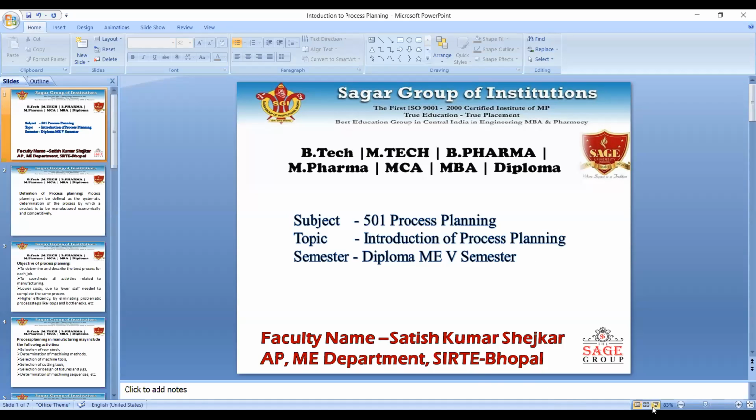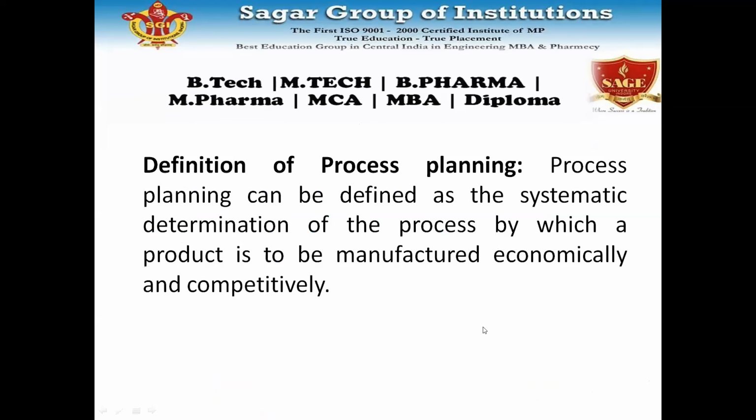So, let us discuss. First of all, we will talk about the definition of process planning. Process planning may be defined in many manners, but here the best we can say is that it is the systematic determination of the process by which the product is to be manufactured economically and competitively.